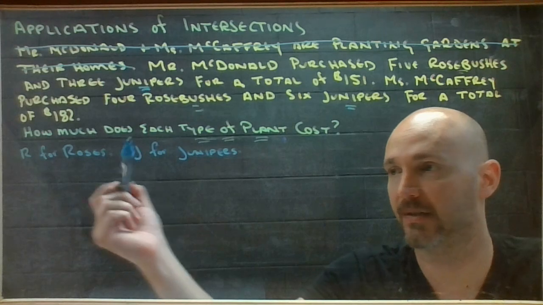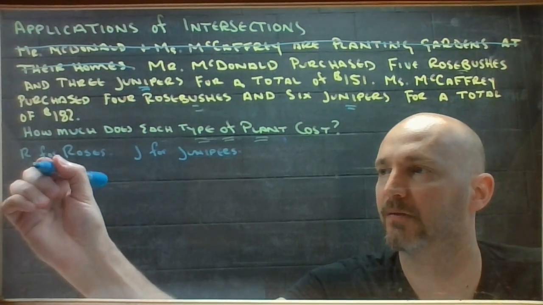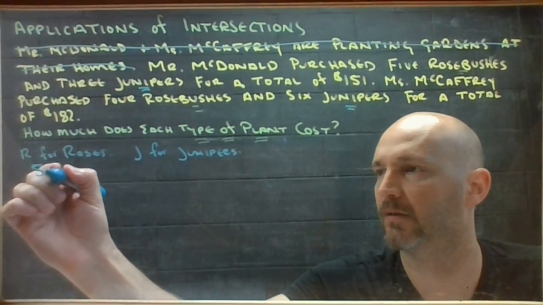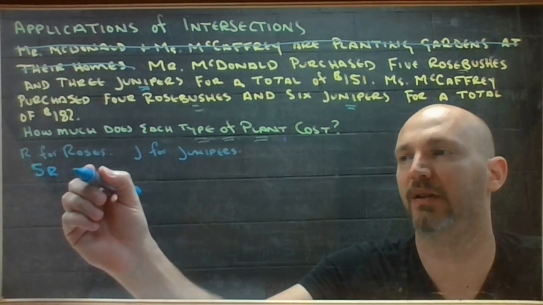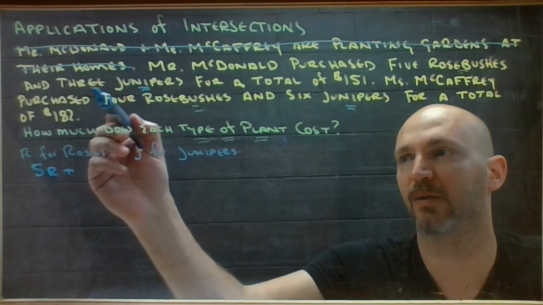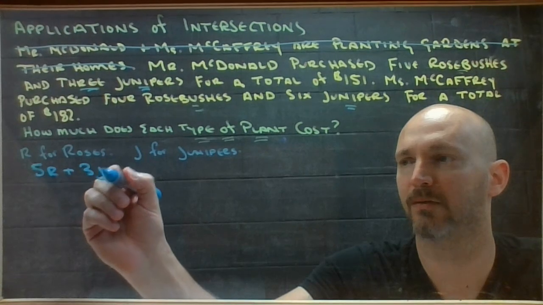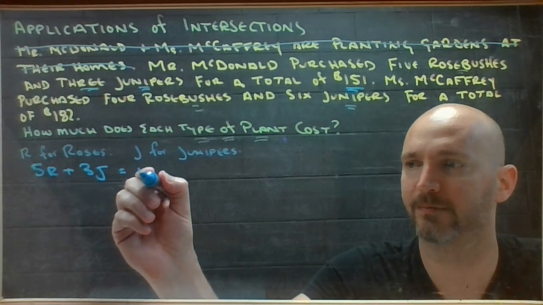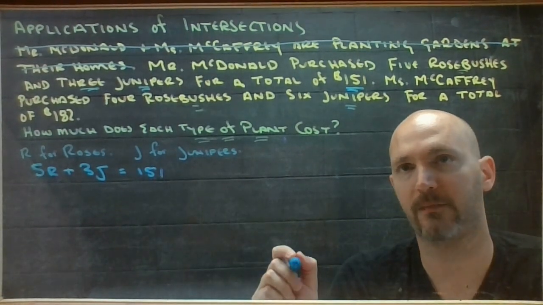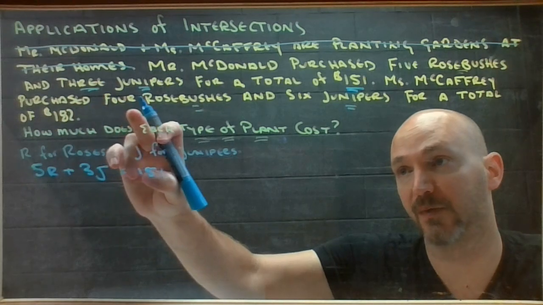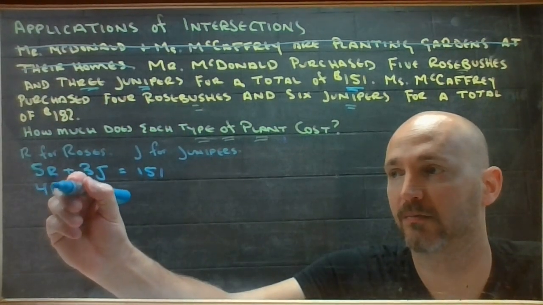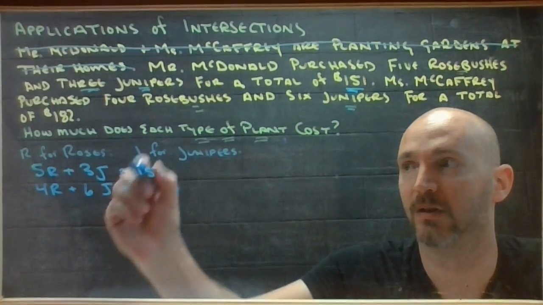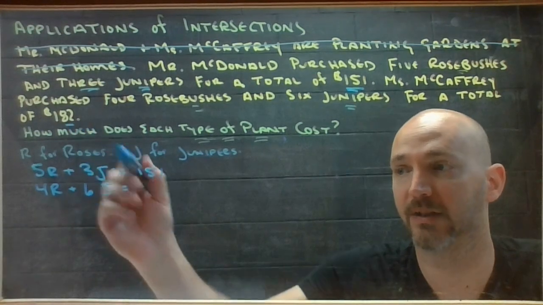Okay, R for roses. 5. 5 rose bushes and 3 junipers for a total of $151. Now, Ms. McCaffrey purchased 4 rose bushes and 6 junipers for a grand total of $182.